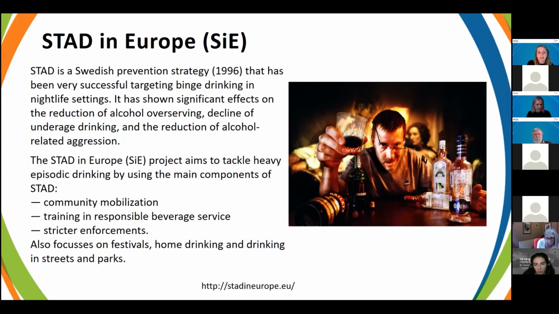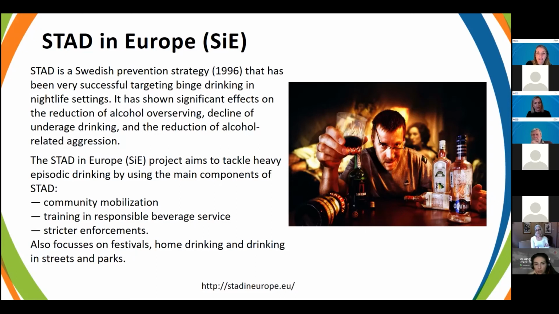So it was a Swedish prevention strategy back in 1996. And it has shown some significant effects on the reduction of alcohol over-serving, decline of underage drinking, and reduction of alcohol-related aggression. And some of the key components of the STAD model is around community mobilisation. So again, you're seeing lots of key themes here that we're starting to talk about, that responsibility held within the community, and the success depends on that community drive and uptake.